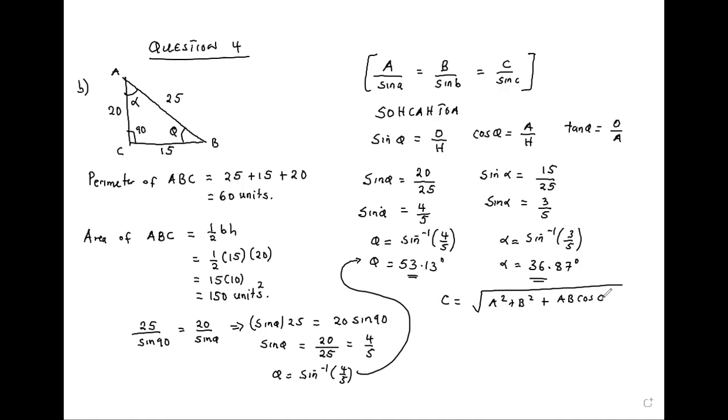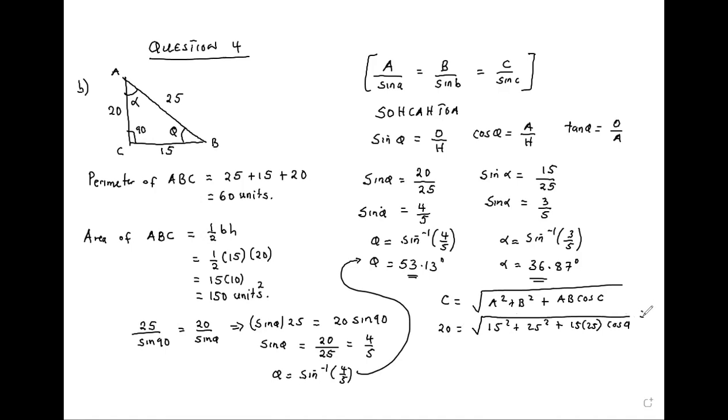So if you pick theta, then you're saying 20 is equal to the square root of 15 squared plus 25 squared plus 15 by 25, and then cos theta.